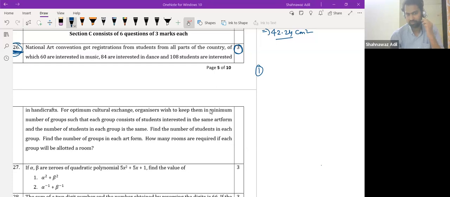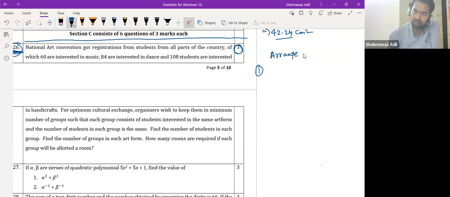Yes, sir. So this is the question from the first chapter that I wanted to talk about. We have 60 students interested in music, 84 in dance, and 108 students in handicrafts. So we have to arrange them in groups. Whenever you hear this kind of arrangement scenario, in an arrangement we always calculate HCF.